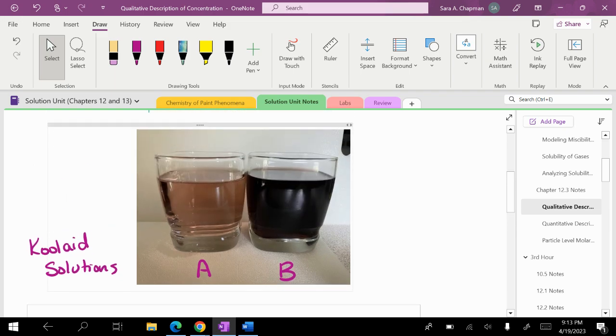So I want you to turn to the person next to you or behind you, and I want you to tell them which glass of Kool-Aid you think is concentrated, A or B. And so I'll give you a moment to do that. Which one do you think is concentrated, A or B? And then now I want you to explain why. What evidence do you have to say that the one you picked is concentrated?